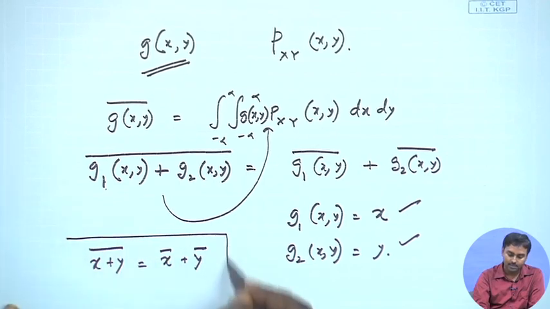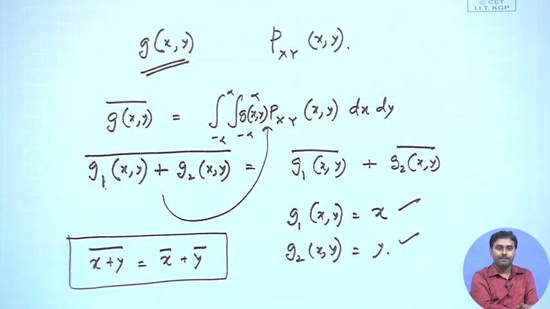For this to happen, you do not need anything, remember, no independence among x and y is required. Mean is always additive. If you take two random variables, whether they are independent, correlated, whatever, you can separately calculate the means and always add them.